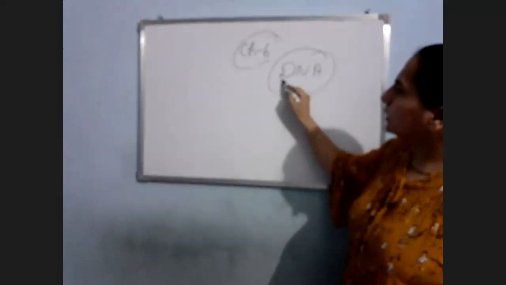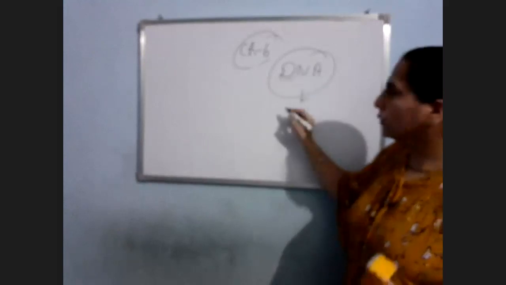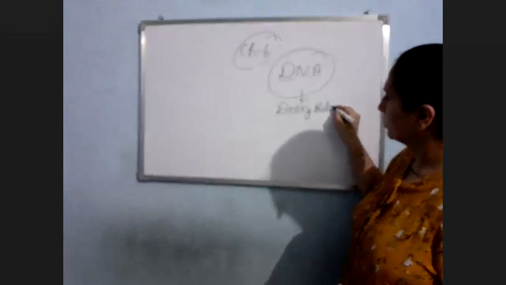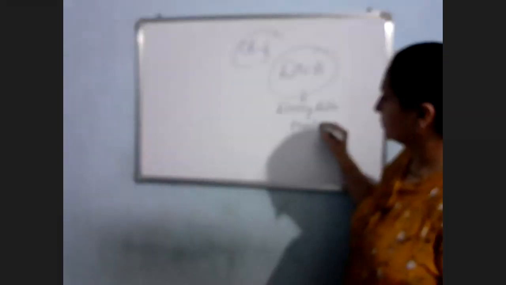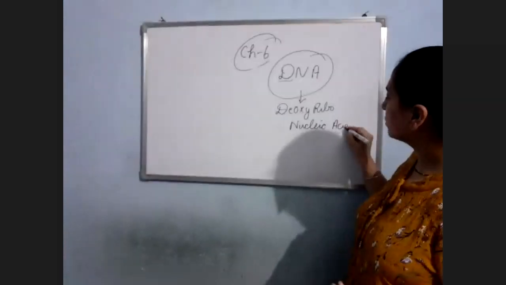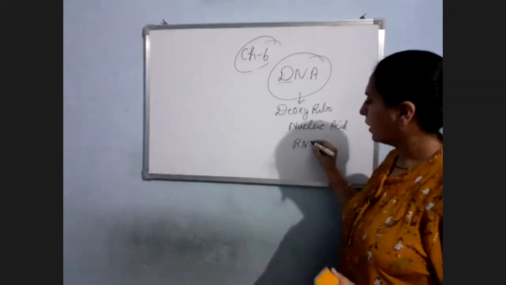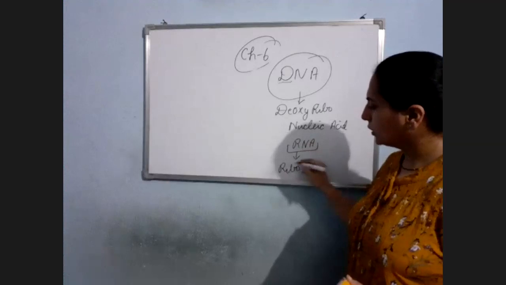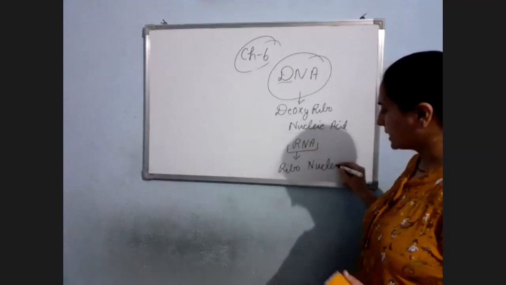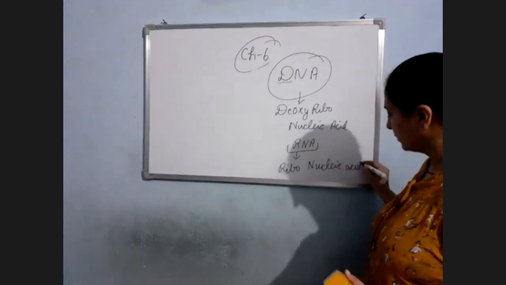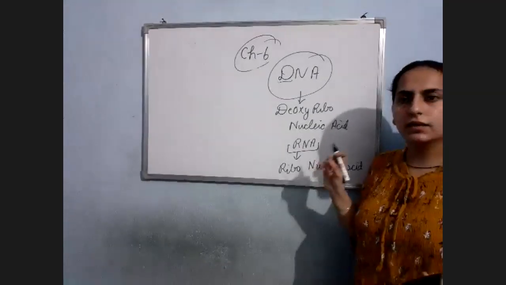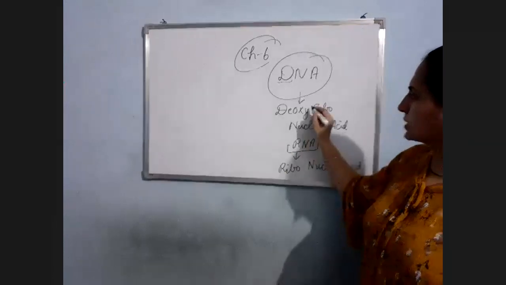DNA is deoxyribonucleic acid. And RNA is ribonucleic acid. If you see the full form, there is just a difference at this place.